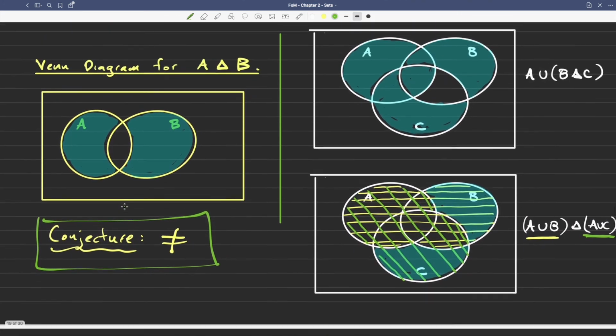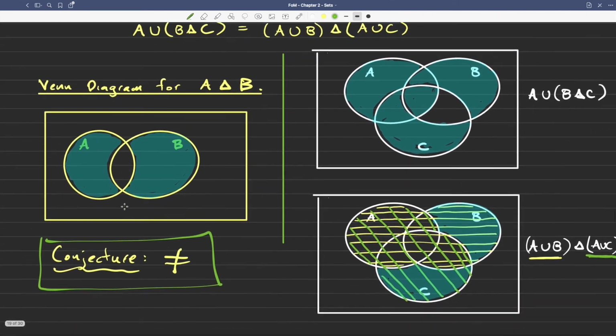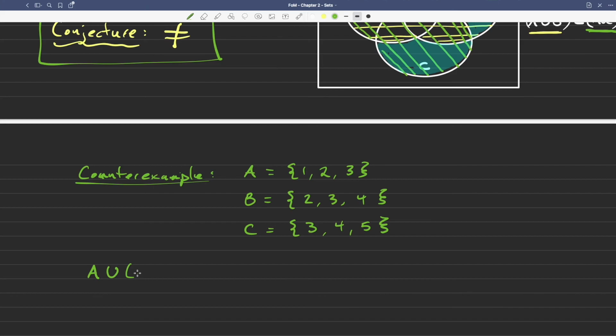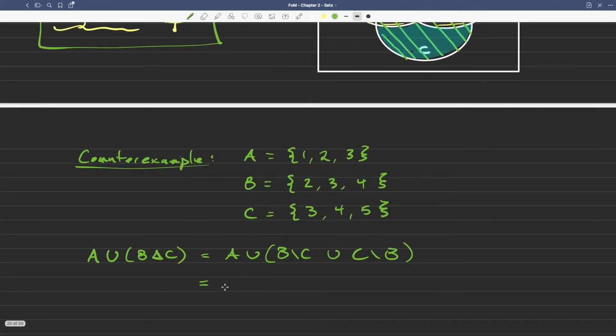on the left-hand set, A union B triangle C. So A union B triangle C would be A union B minus C union C minus B. So that would be A union, okay, what's B minus C?